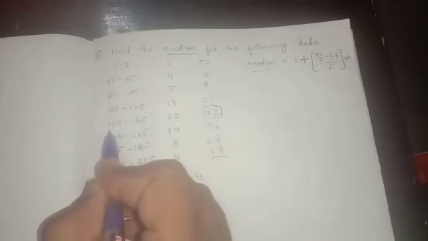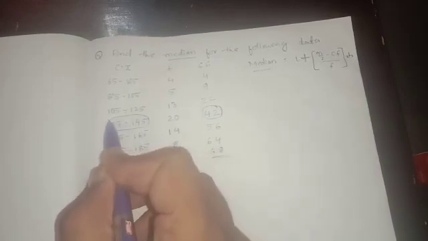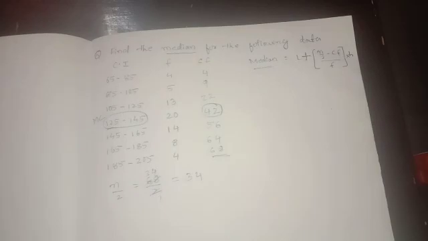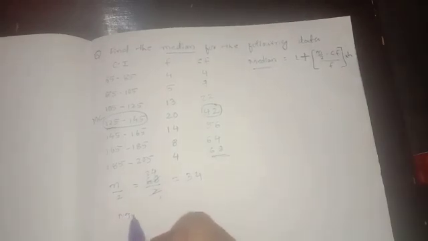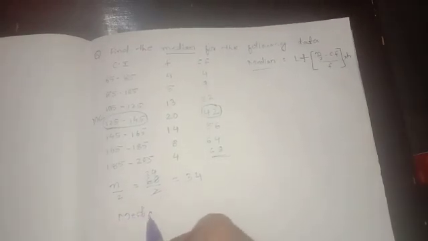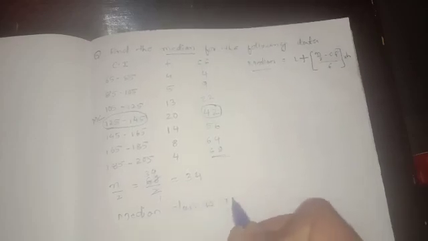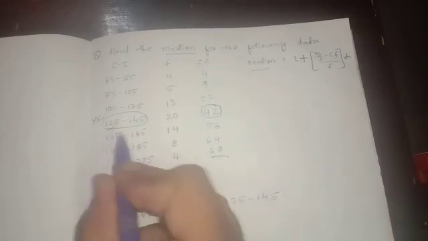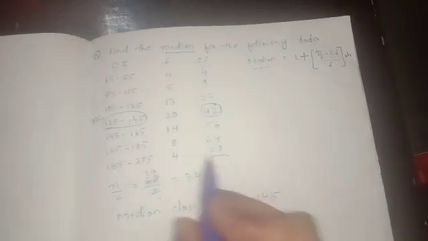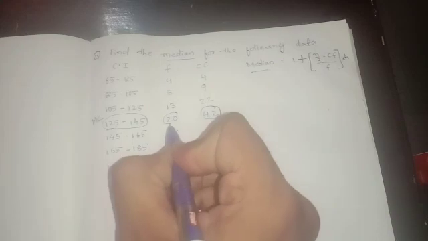So this will be our median class. This is the median class. Keep in mind, we have to write that one. Median class is 125 to 145, and this will be our frequencies.